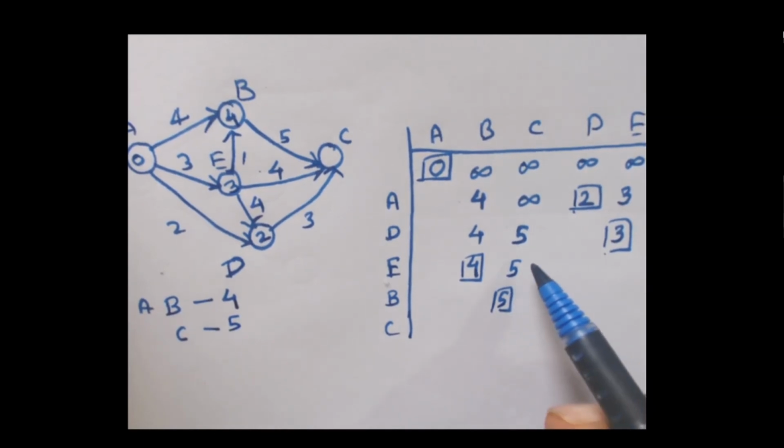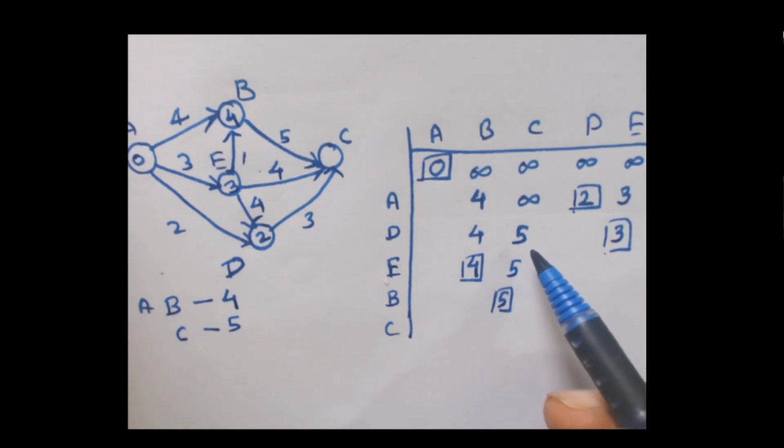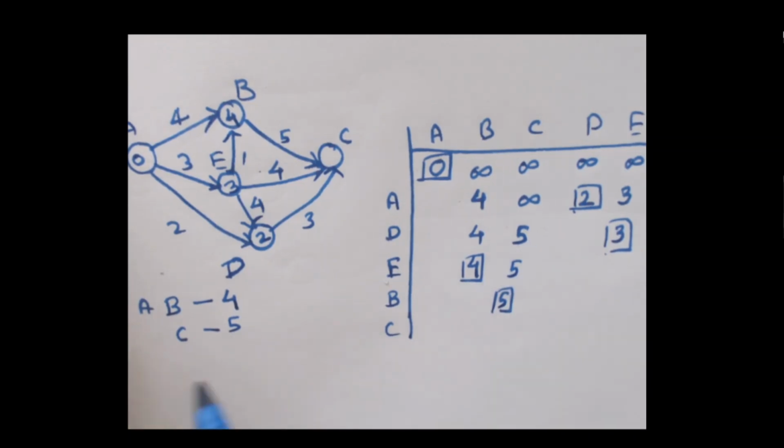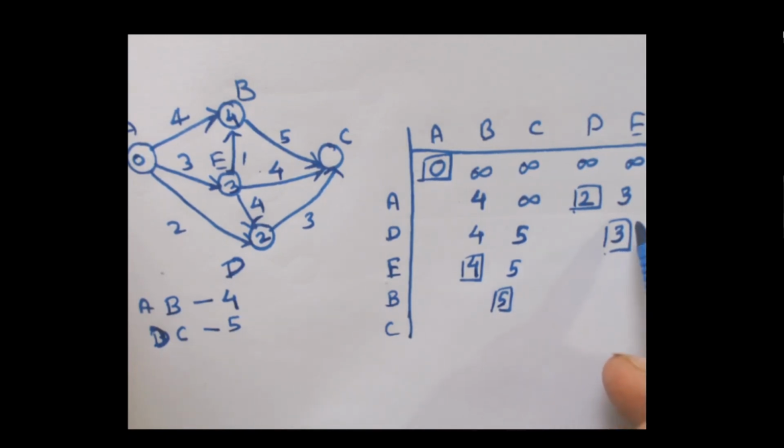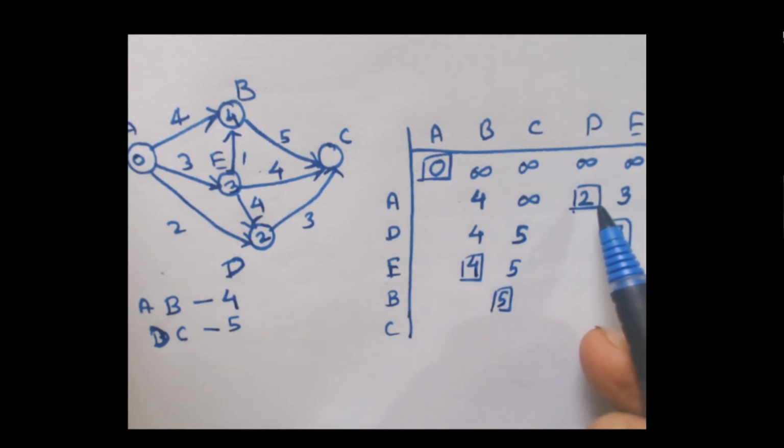And this 5 has occurred, the change has occurred for this particular location, that is D, infinity to 5. And this 5 has happened because of D. So D is the source from where we found a path from D to C. D is a change that has happened because of A, and A is infinity to 2.